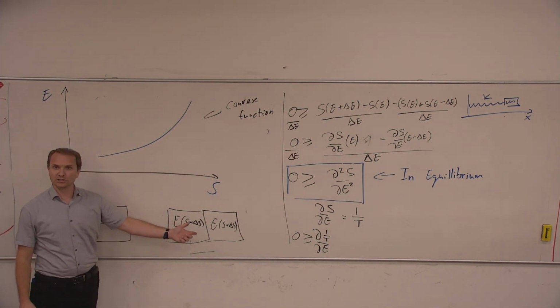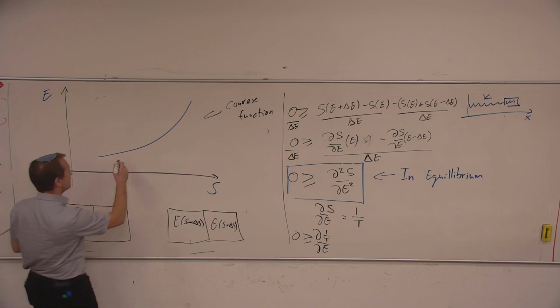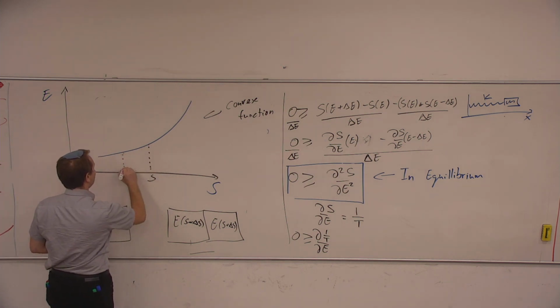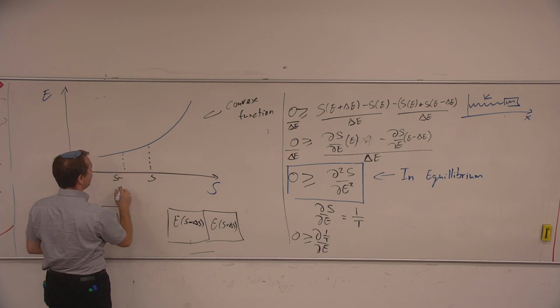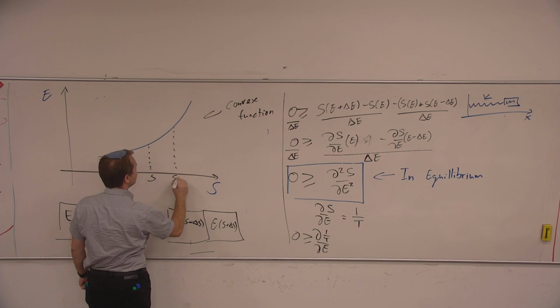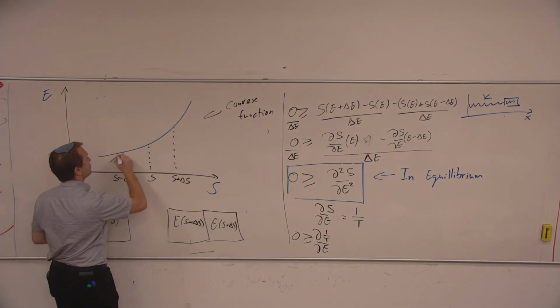Through some internal changes, in order to answer your question. Now, this is S. This is S minus delta S. This is S plus delta S.